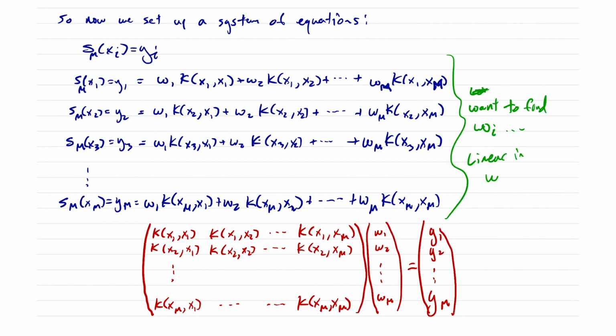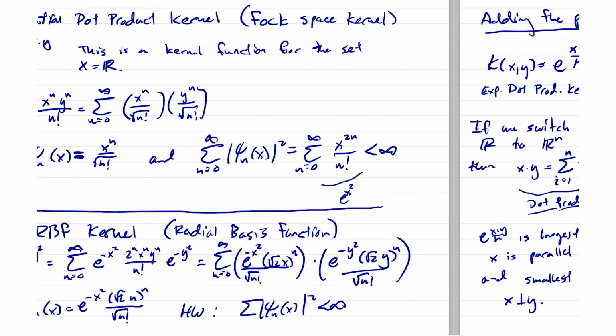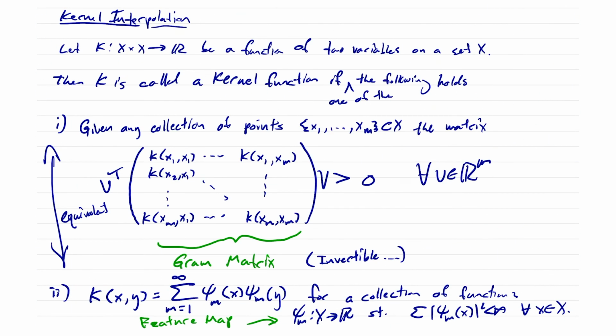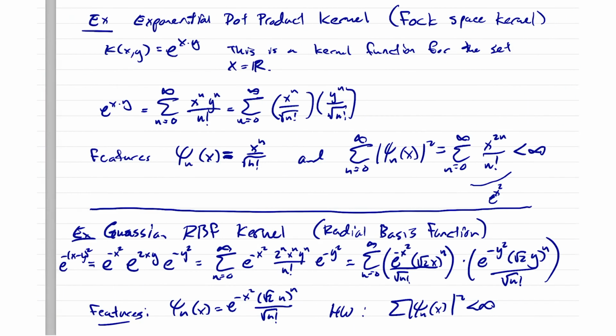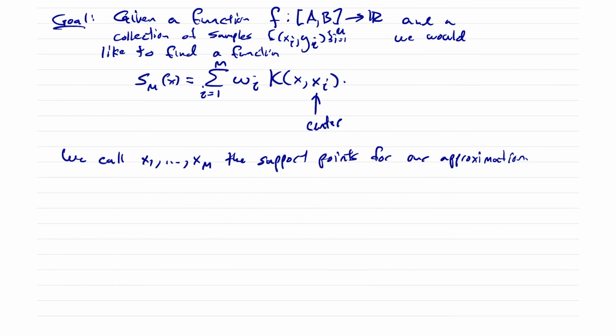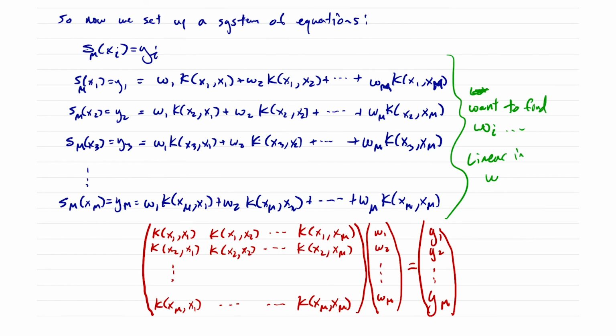Okay, so we have basically written out our Gram matrix. And if you remember the definition of kernel functions way back when, we're told that this is positive, so then basically what we see is that this is invertible.